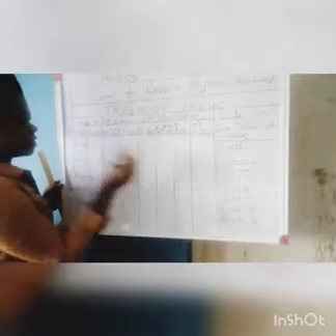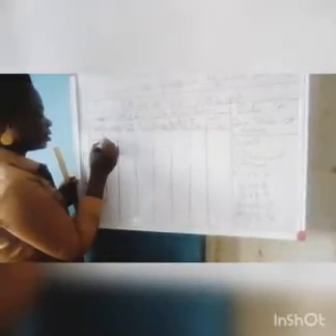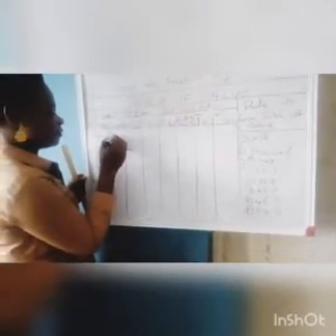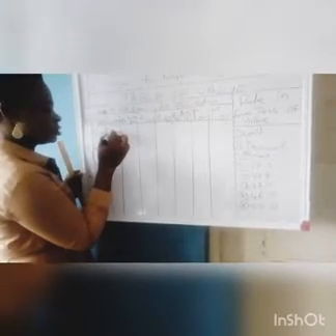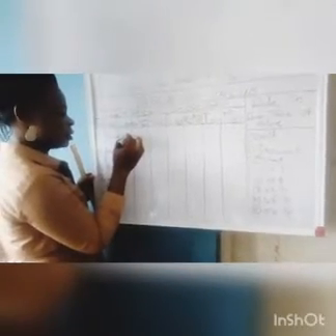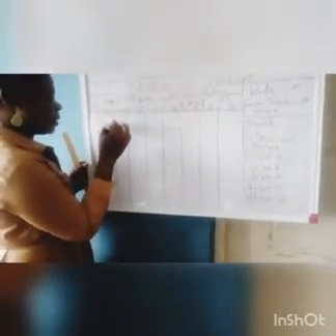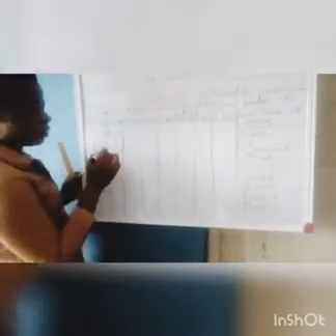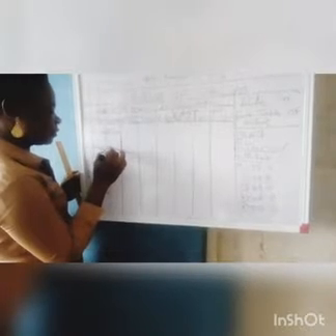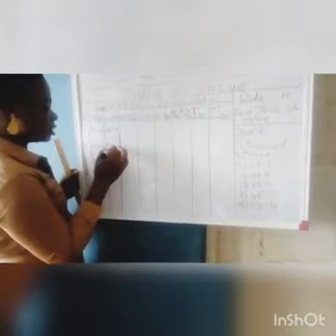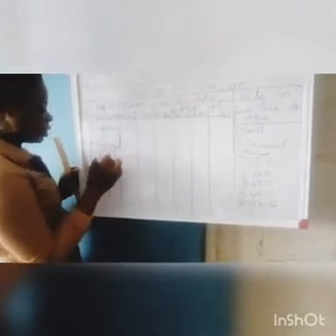Now these are the answers I got. Now I have to fix it up in my table of value. Remember I said it must be what? 4 decimal places. So I write for serial number 1, 37.3000. I use 0 to complete it to 4 decimal places. Now serial number 2, 37.8000.